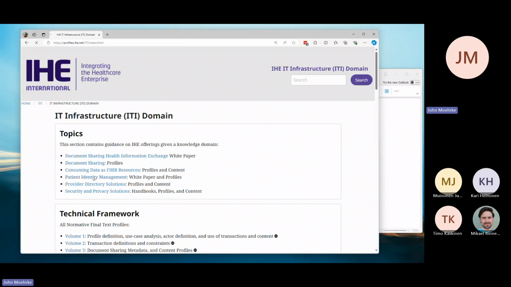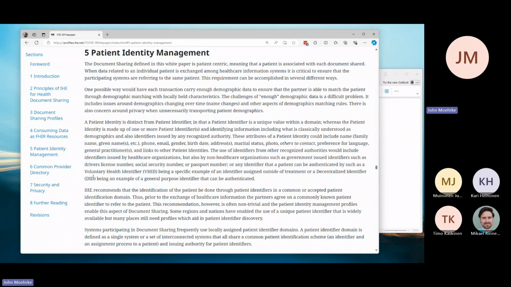Within patient identity management, this is a part of that HIE white paper, but it's really applicable to all of the patient identity management. I just want to give you a quick view here because it shows all of them in some kind of a context.